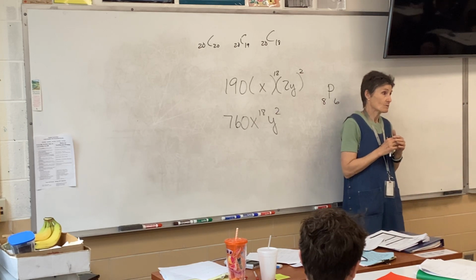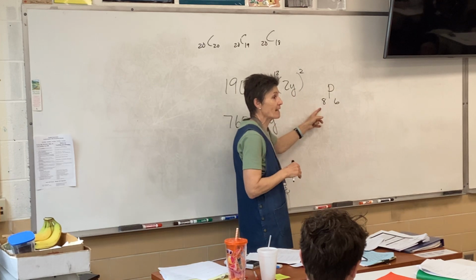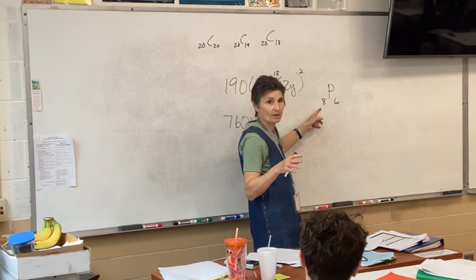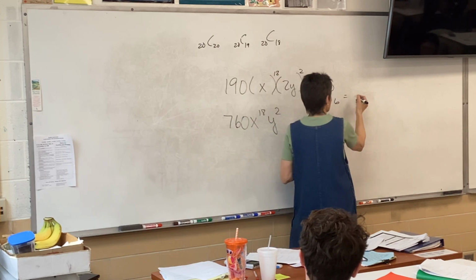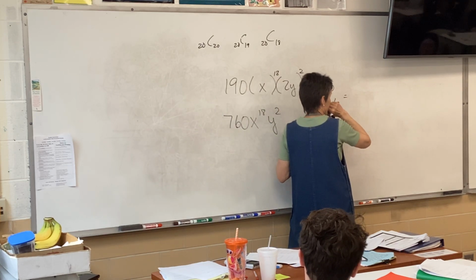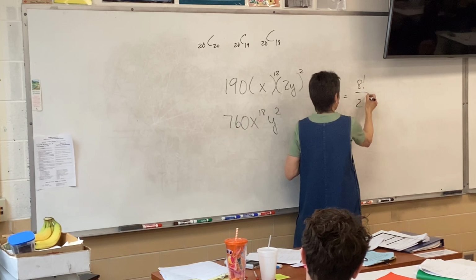then order matters. Okay, so in the notes, I talked about how to do this by hand. Obviously, you can type this in on your calculator. But by hand, this is, anybody remember? 8 factorial, yep, over 2 factorial.